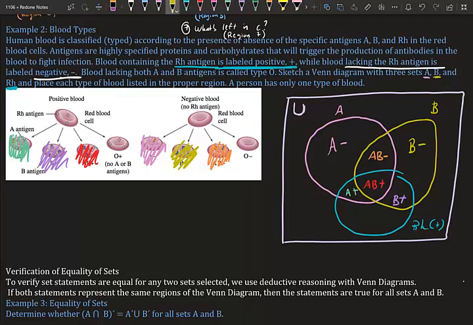Now we have just the Rh bubble. I'm talking about this region right here, that has nothing to do with A or B. So what the heck is that? If it's not A or B, it's called type O. So this is O, and since it's in the Rh bubble, that's O positive.